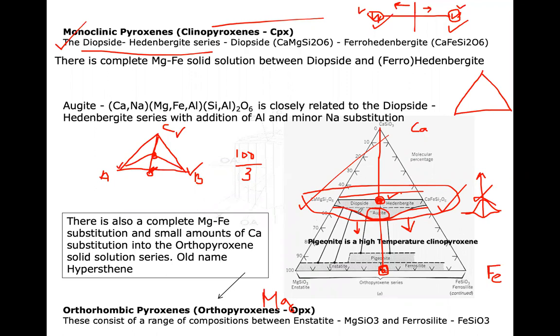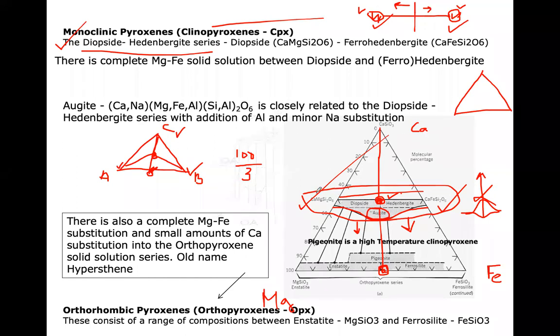So therefore, the augite composition deviates a little bit from this diopside Hedenbergite line. For the augite composition, it's a little bit iron and magnesium rich, right? But we consider it as a single series, okay?